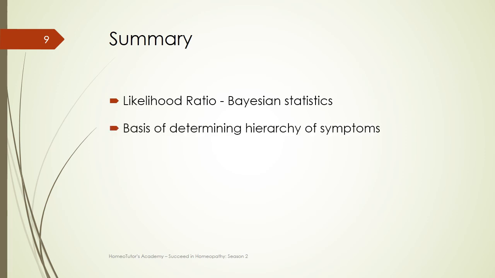The second point that we discussed was that this can be used as a basis for determining the hierarchy of symptoms and using it as a filter to weed out those symptoms which do not have any value on the basis of likelihood ratio. We also saw how important it is to weigh mind symptoms and how the likelihood ratio can help us to resolve this issue.